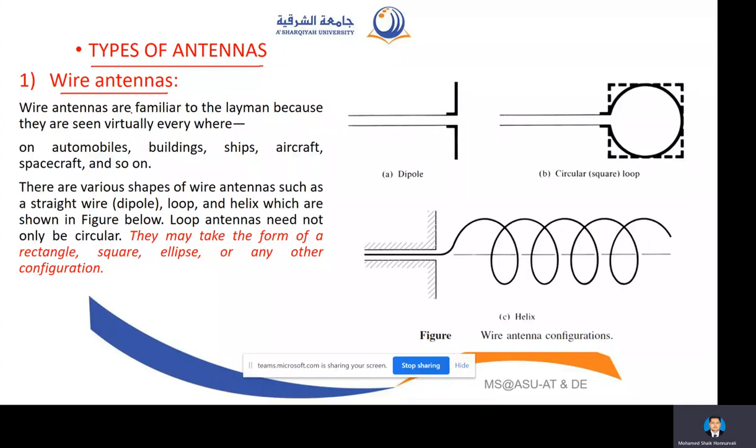Maybe in some olden cars, they have the wired kind of antennas. The most common type of antenna you will see is the wired type. We will mostly see them in automobiles and also on buildings, ships, aircrafts, spacecrafts as well, and so on. And this application is very wide.